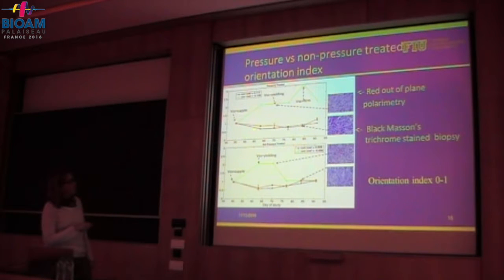It's fairly close to what we find in the autoplane polarimetry and the histology seem to go hand in hand. And ultimately, the green results here instead is the Vancouver scar scale, which told a bit of a different story. So the Vancouver scar scale goes in between.